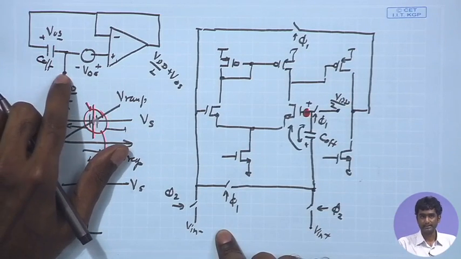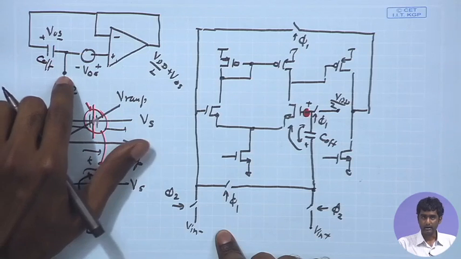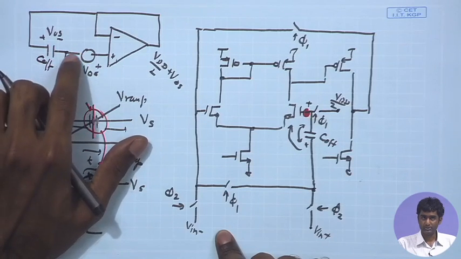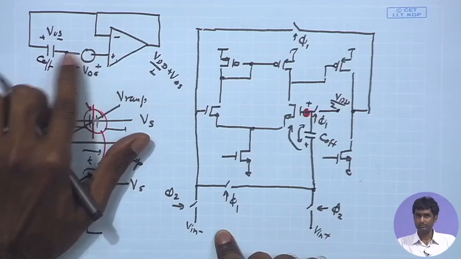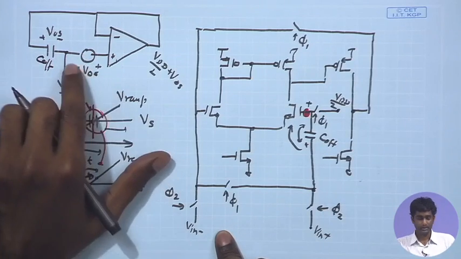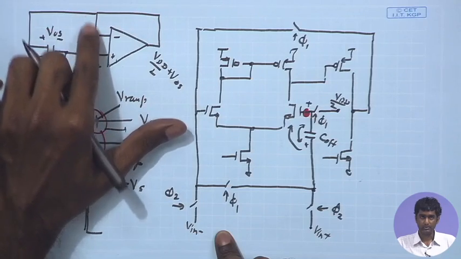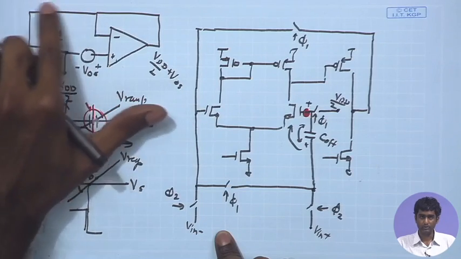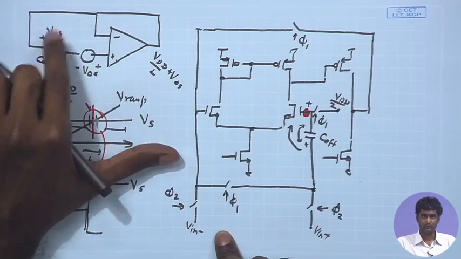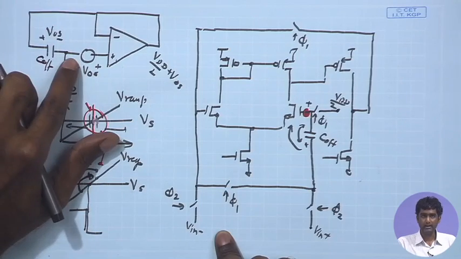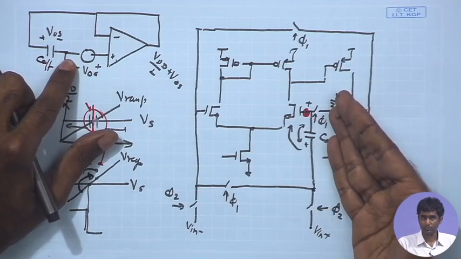And then on top of this DC, you have this V offset effectively applied at the positive terminal, and the output voltage being fed back to the negative terminal, and also you have a C offset connected to the output, appearing between the output and VDD by 2, which is an AC ground.